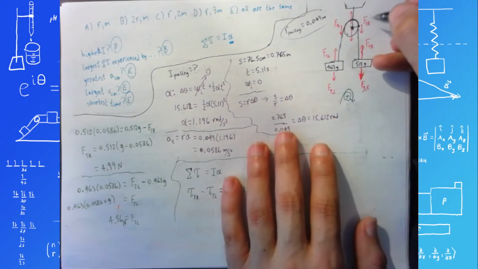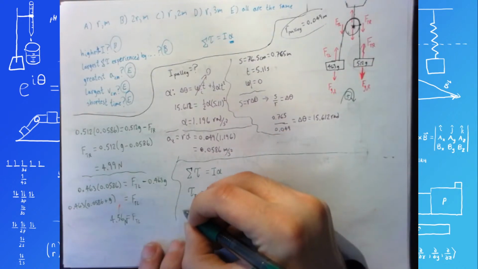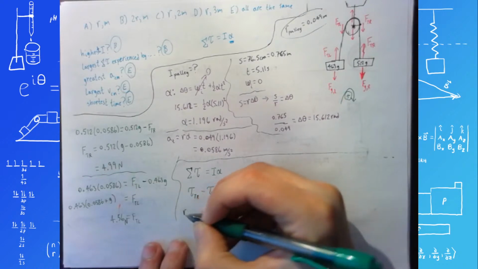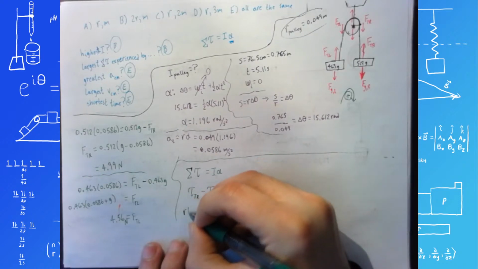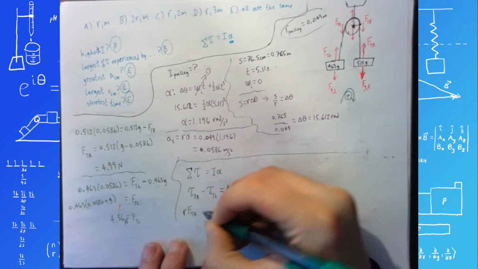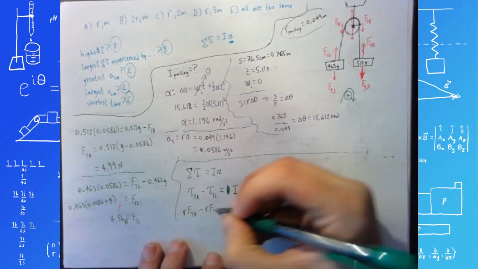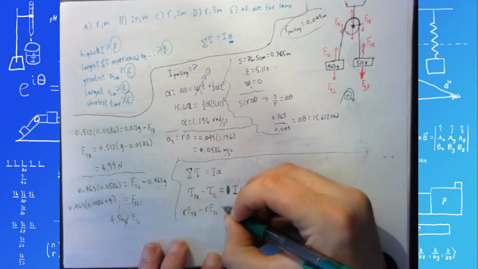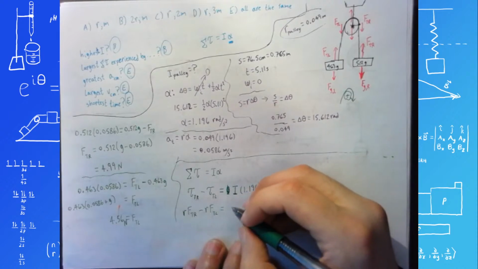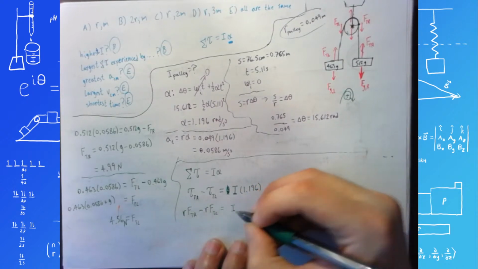Multiply that by the force of tension. So you've got R times force of tension right minus R times force of tension left equals I alpha.